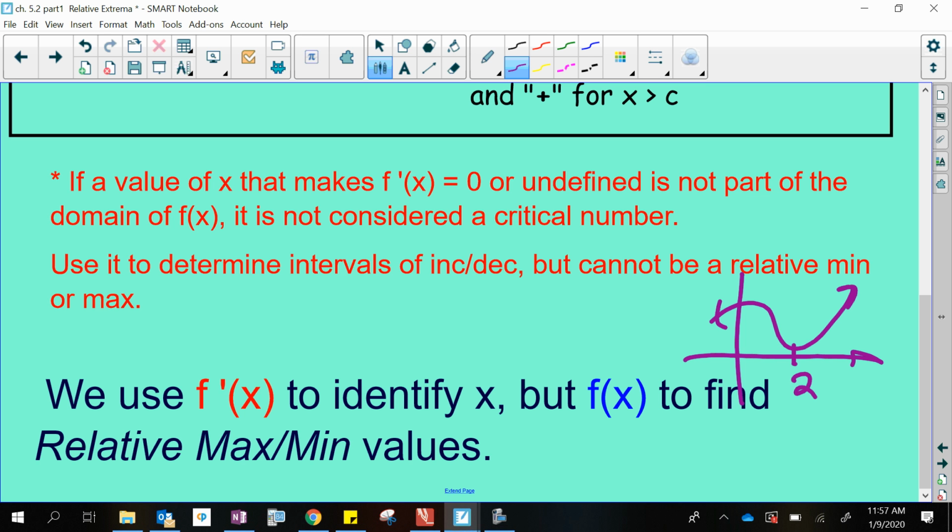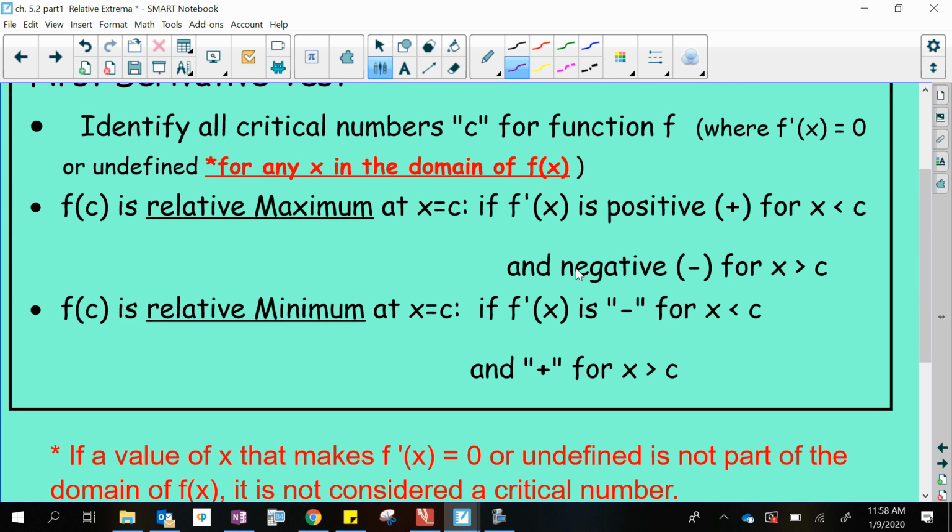But to answer, we want to say this is the point where the function goes to the lowest, but how low does it go? So we want to find the actual value of that point, like maybe that's a 1. So we want to say we have a minimum at 2, and its value is 1. So the function at that point goes as low as 1. Okay?